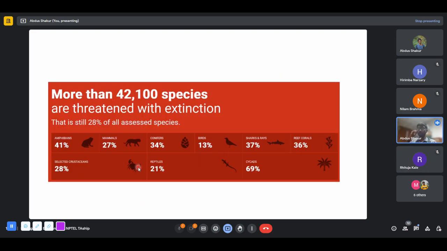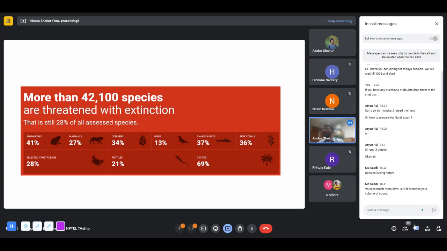For instance, the IUCN Red List says that more than 42,000 species are threatened with extinction. That too, not all the species present on Earth have been assessed. Out of the 28% that have been assessed, 42,000 are prone to extinction. And there are different numbers for which group is threatened with extinction and which group is not.